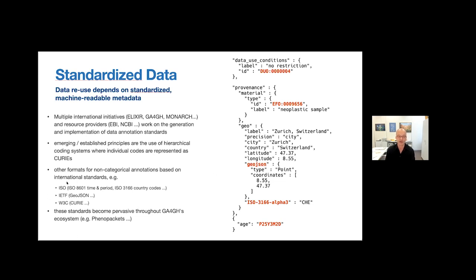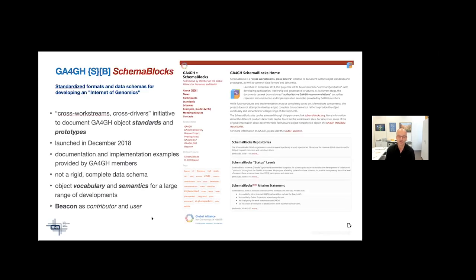And we use other standard formats like ISO codes and so on, and Mondo, Monarch Initiative derived coding systems. Now, if one has these different codes, but also data schemas, it's a bit hard to get the overview.